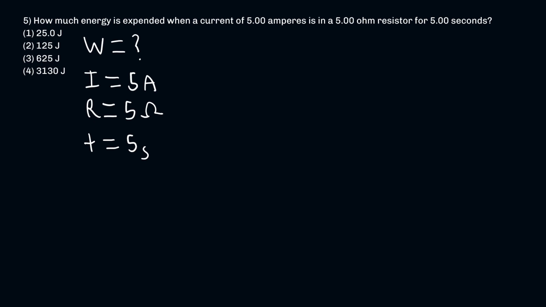So essentially with this, I just want to look for an equation that involves work, current, resistance, and time. I should really then be looking at my work equations on the very bottom here above series circuits. I'm going to find here that W equals, so that's what I'm looking for.